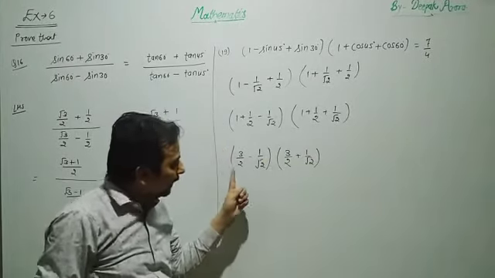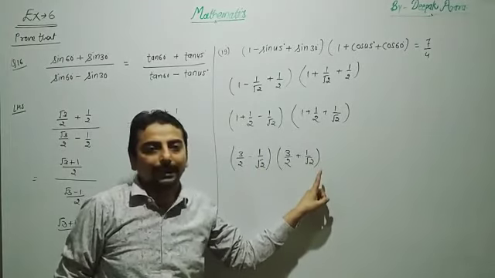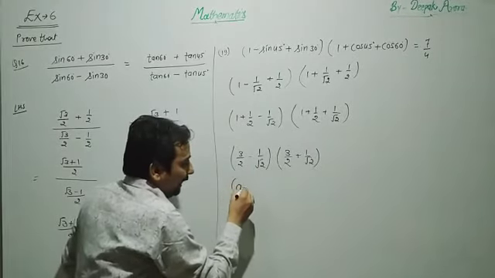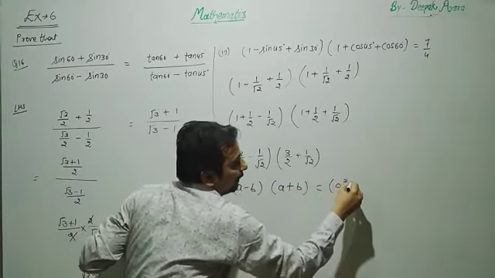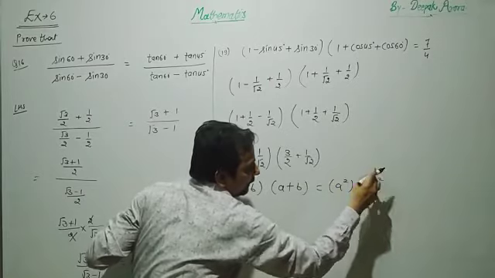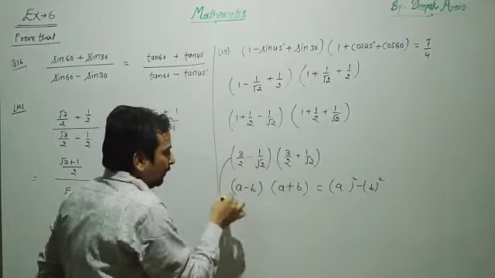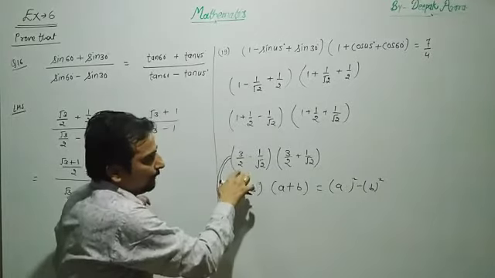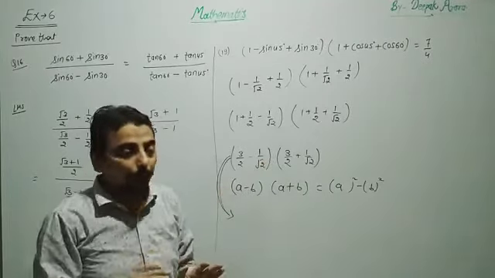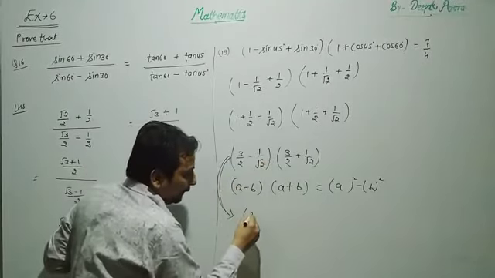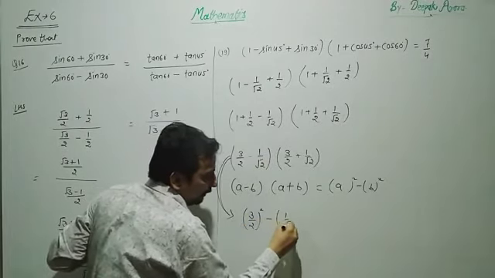Now the first term with a minus and the second with a plus, we can say a minus b and a plus b, which is the formula a square minus b square. Similarly, we write the first value 3 by 2 plus 1 by root 2 and 3 by 2 minus 1 by root 2, then square of 3 by 2 minus square of 1 by root 2.